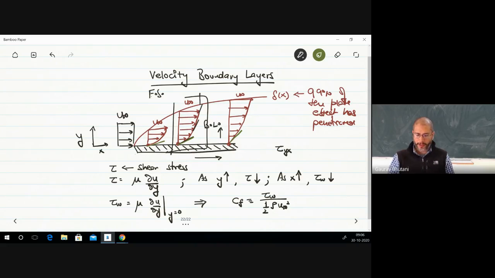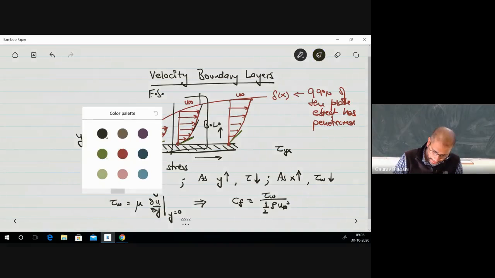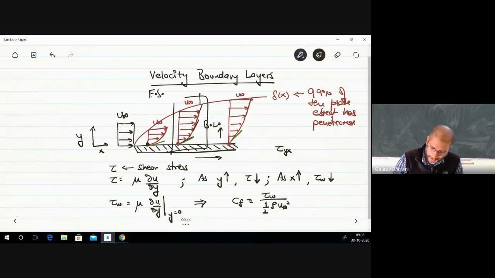And it makes sense because your fluid has to go from zero velocity at the surface of the solid to u infinity at the edge of the boundary layer. But since the boundary layer is very thin to start with, this change has to happen over a small thickness. So that means the gradients have to be stronger.